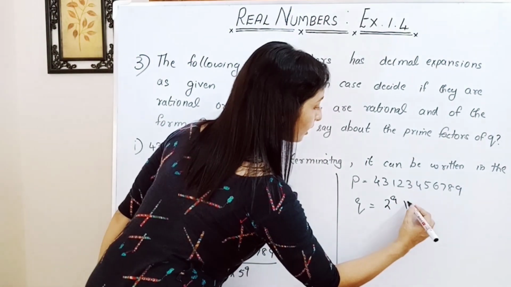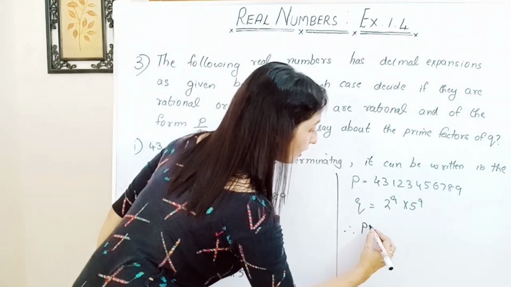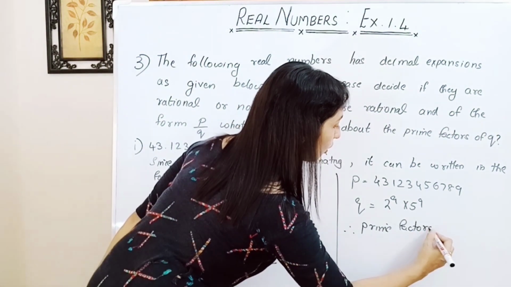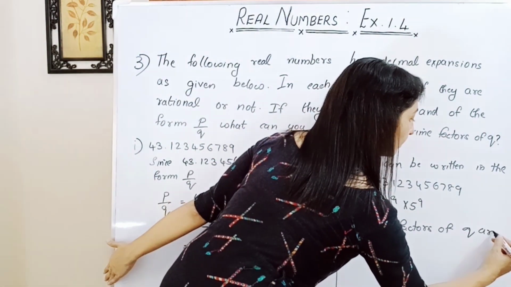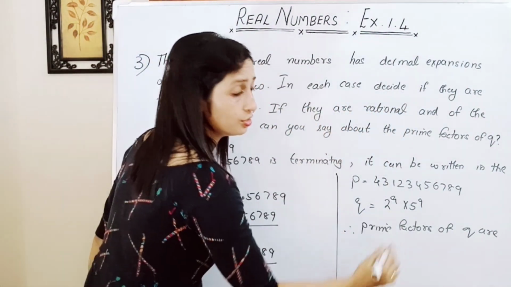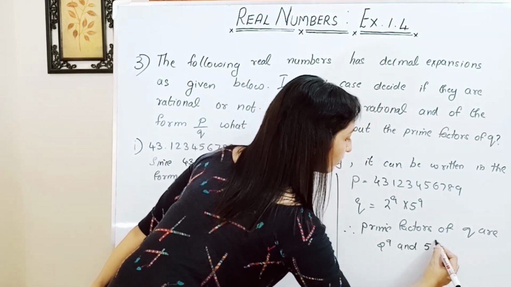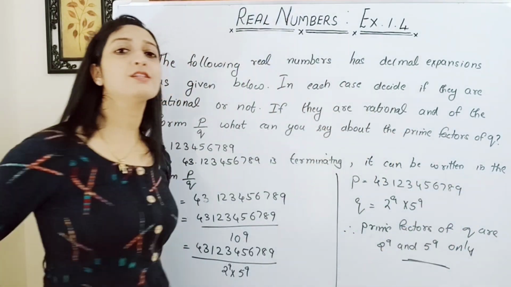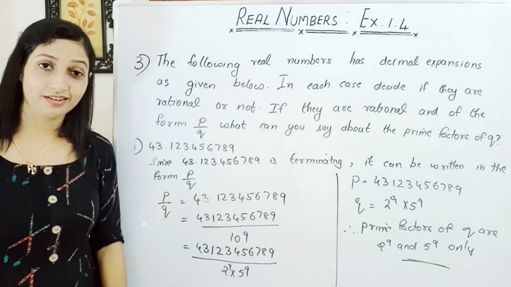Therefore, the prime factors of Q are, what are the prime factors? 2 and 5 only. So this is how we find the answer. Now let's move on to our next question.